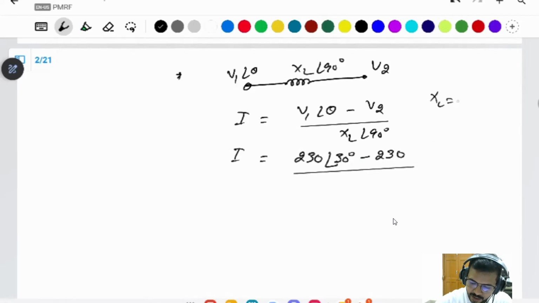Calculate XL like 2 pi F L. L is given, take the frequency F as 50 Hertz for AC in India.